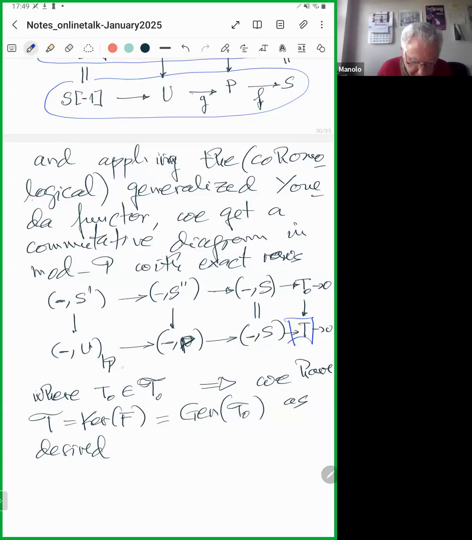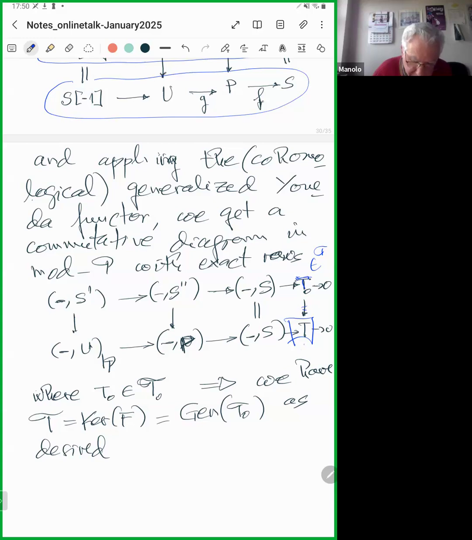T is what appears here, and now you call this object T0, by the description of T that appears in my paper with Jan Stovicek. This T0 belongs to T, and you have here an epimorphic map. So T is a quotient of this T0.